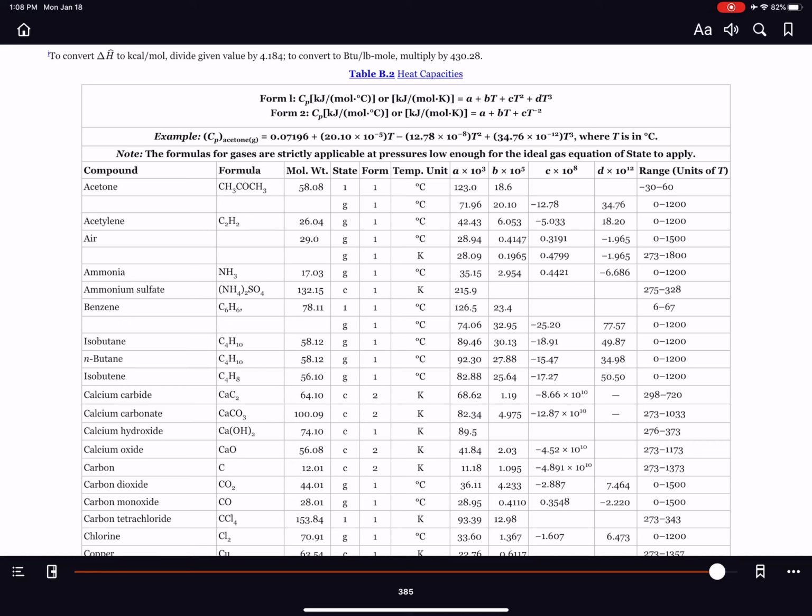What you need to type in is 123 divided by 10 to the third, or 18.6 divided by 10 to the fifth. They put it in the book this way so that they could put it in the table nice and cleanly. I wanted to point that out because that can be a source of confusion, and you don't want to type in your constants and be off by orders of magnitude.